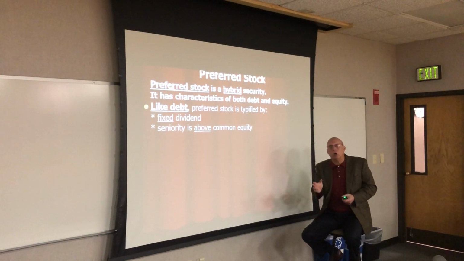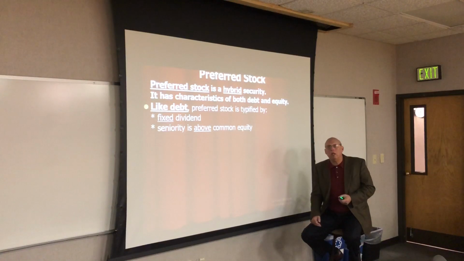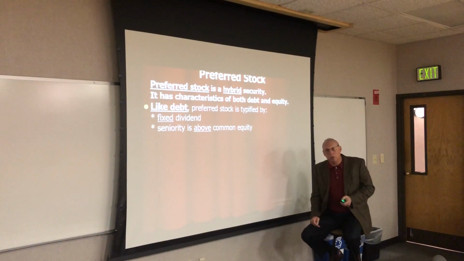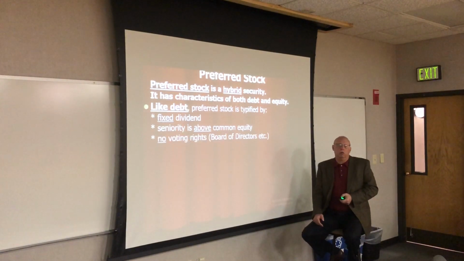They want to get their money back. The question is, where will you be in that line? And you want to be closer to the front of the line. The people at the back of the line who are the common stockholders, most often they get nothing, okay? So you want to be close to the front of the line. And if you own preferred stock, you'll get paid back your money before the common stockholders will.